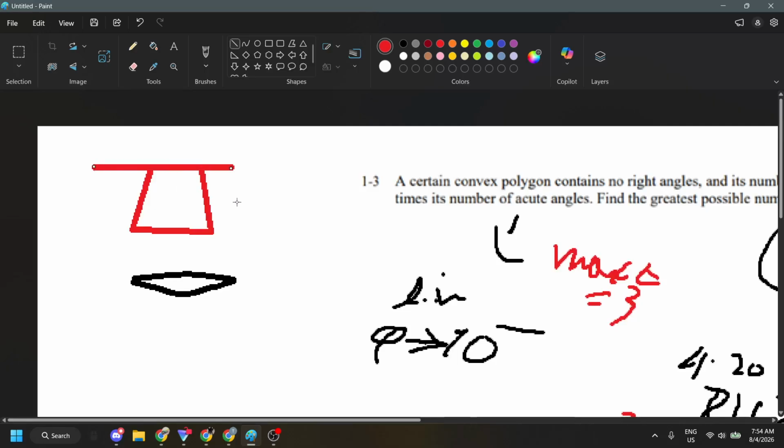They were saying that an acute interior angle, oh, these two are obtuse. What am I talking about? Yeah. An acute interior angle would mean an obtuse exterior angle.